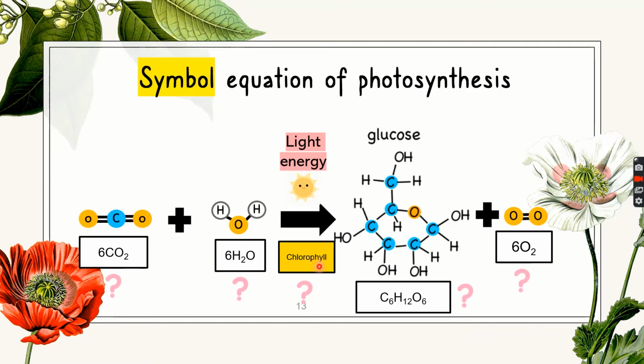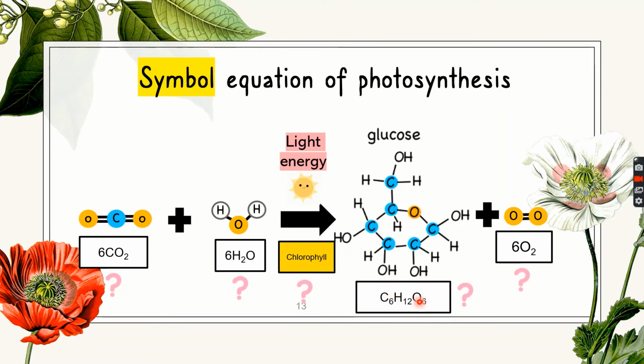So this is a little bit special in the fact that the symbol equation needs to be balanced. So if you look over here, why is it C6H12O6? It's because this glucose molecule is made up of 6 carbon, 1, 2, 3, 4, 5, 6, made out of 12 hydrogen, 1, 2, 3, 4, 5, 6, 7, 8, 9, 10, 11, 12, and 6 oxygen atoms, 1, 2, 3, 4, 5, 6.